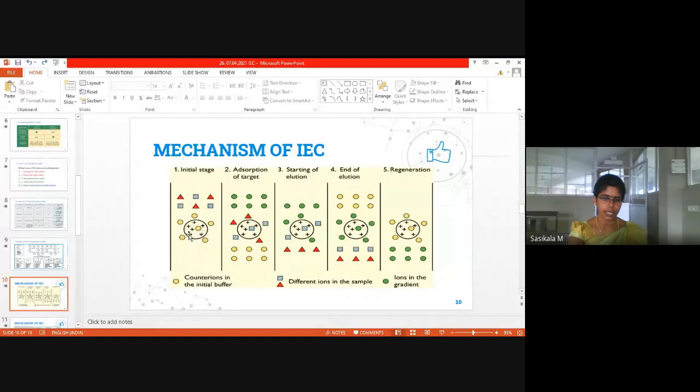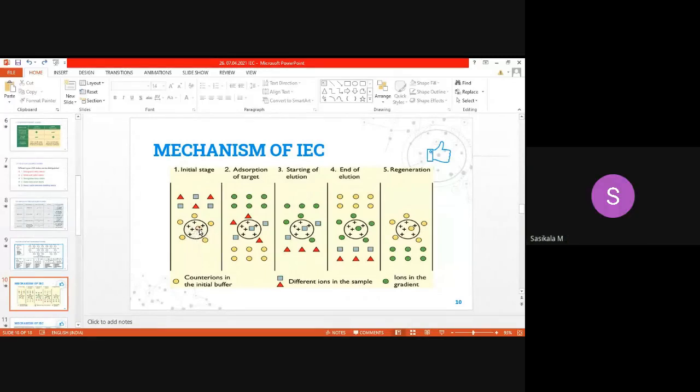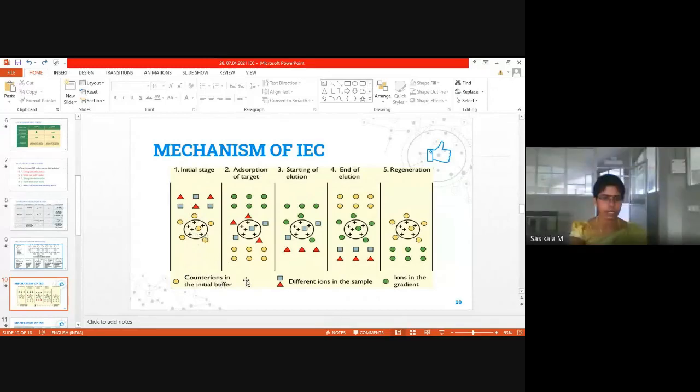So the positive charge represents the matrix, and the yellow color represents what? Mobile phase, buffer, the counter ions in the initial buffer. These two are samples.